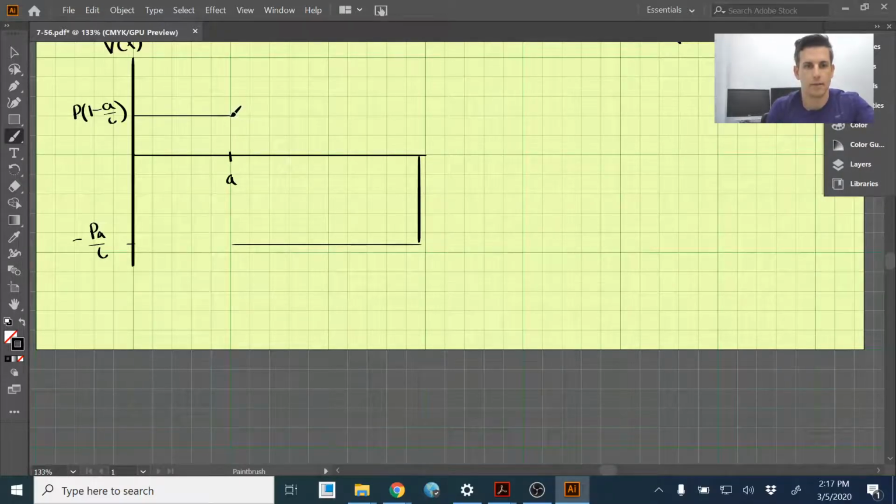And connecting all these lines up, that is our shear diagram.